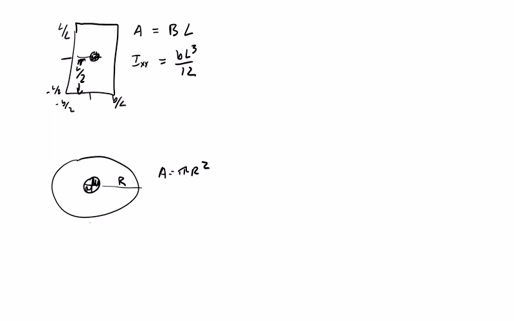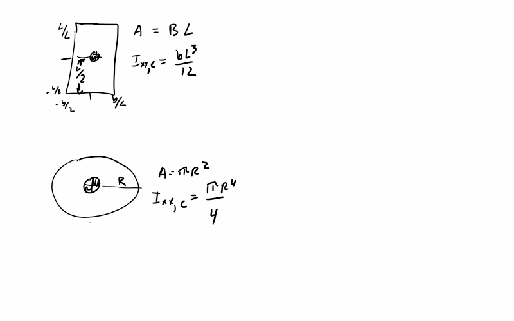My centroid is 0, and my IXX of the centroid is equal to pi R to the 4th over 4. And then it also does some values for triangles, and some values for half circles, right?